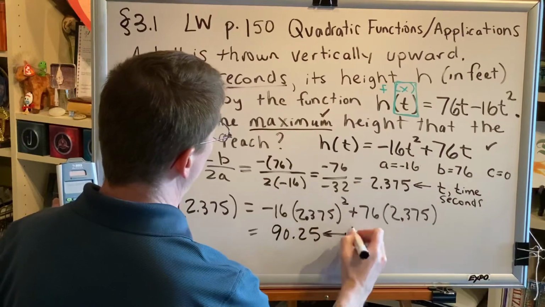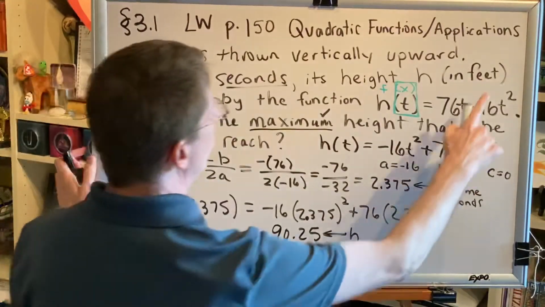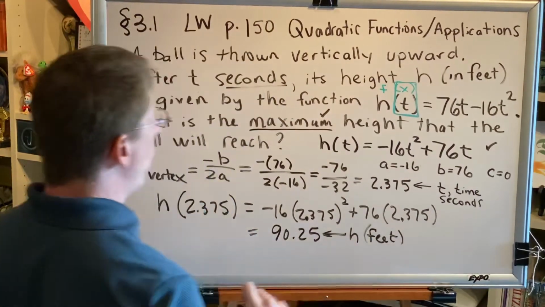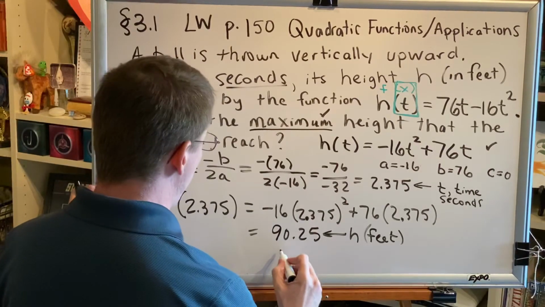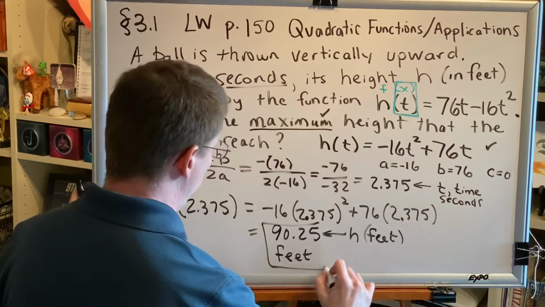This is a value for h, and h for this problem is measured in feet. So now we have the answer to the question. What is the maximum height that the ball will reach? The answer is 90.25 feet.